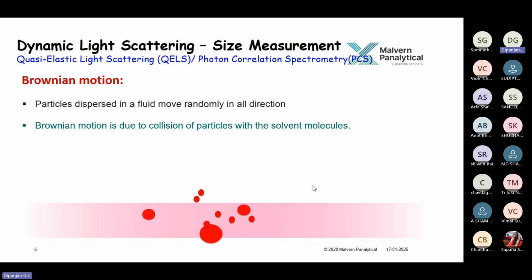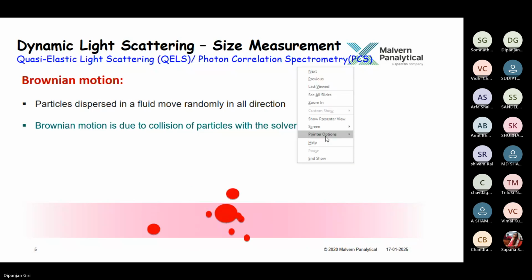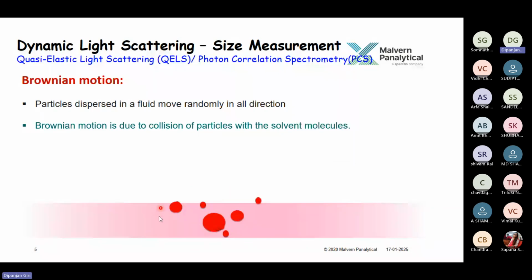It is common practice to disperse the particles in a proper solvent to get a good suspension to derive the particle size.